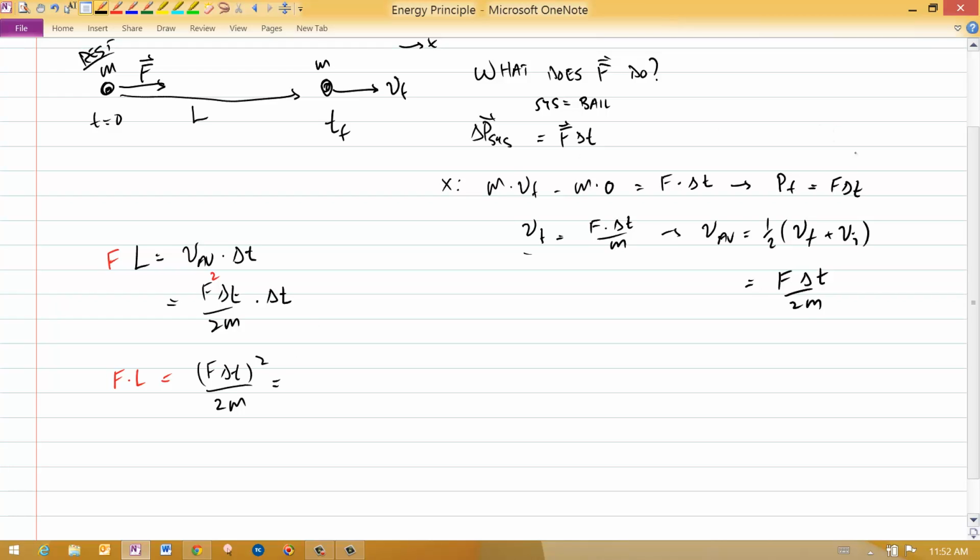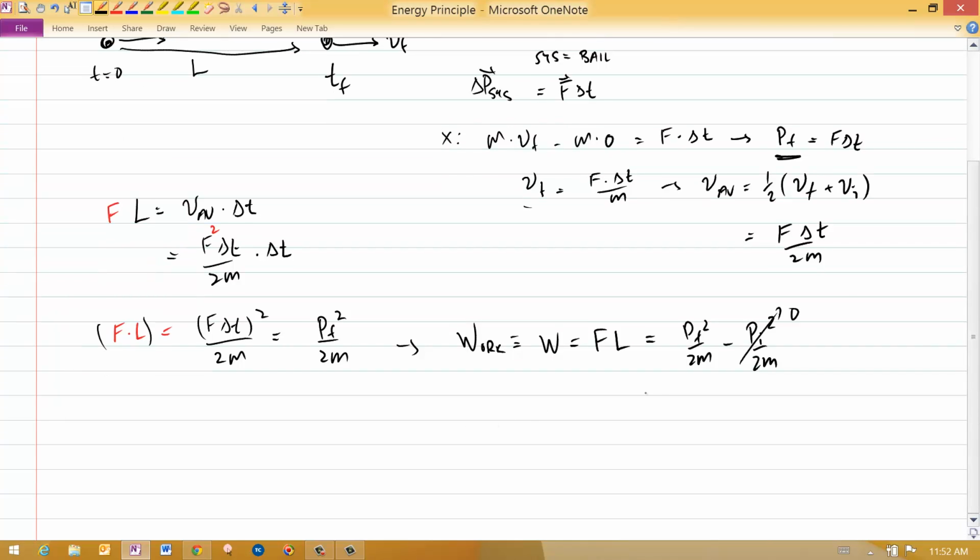F times delta T is just the momentum that the system has in the final state, so this is P final squared over 2m. Another way to write this F times L, I'll give it a name, the work from the surroundings, and that's W, which is the force times L, is equal to P final squared over 2m, and then I'll write in here P initial squared over 2m, but in this case the P initial was 0.